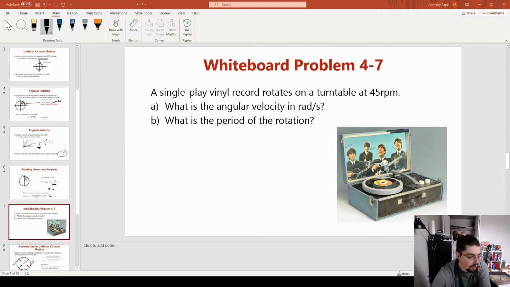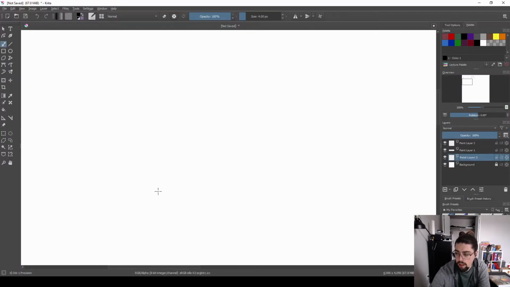And speaking of, let's go ahead and start taking a look at this. Here's what I'm thinking. We've got this thing spinning around in some way, but what we're really given here is that this thing is spinning at a rate of 45 RPM.